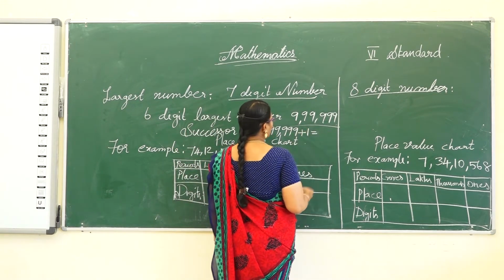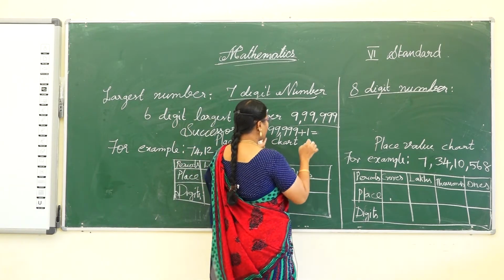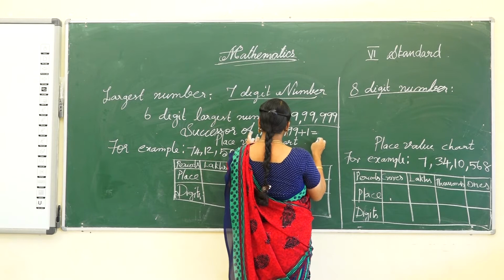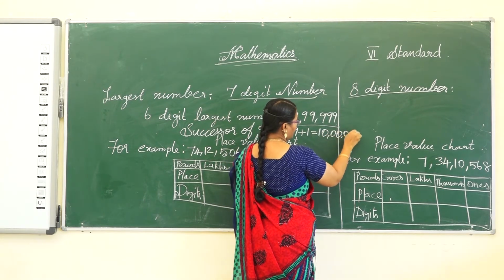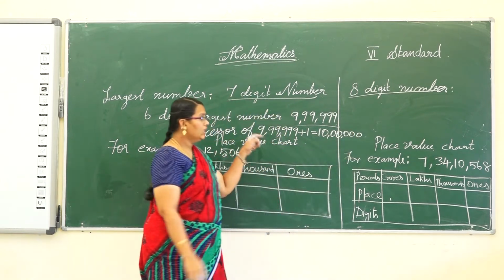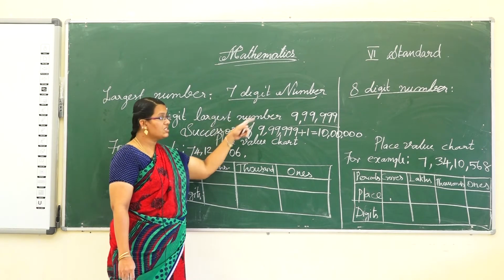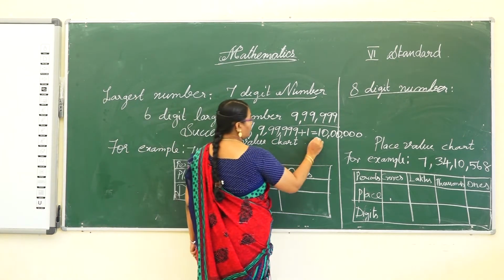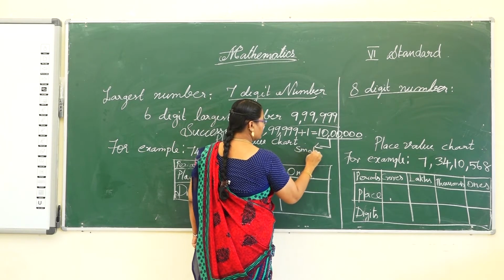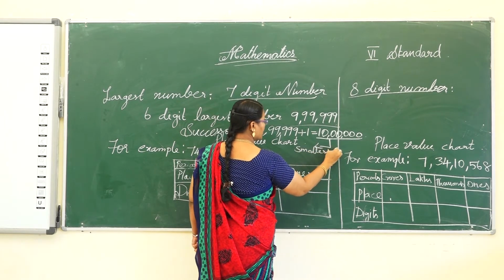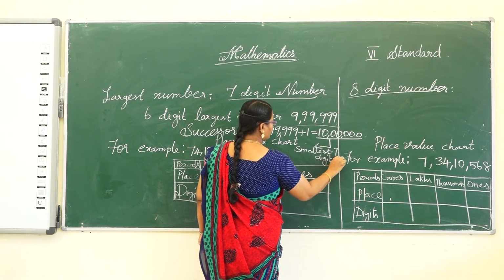We get the smallest 7-digit number, 10 lakh. That is the smallest 7-digit number.